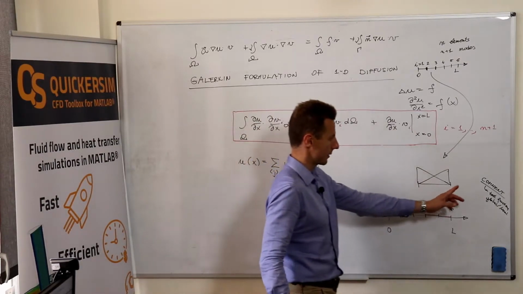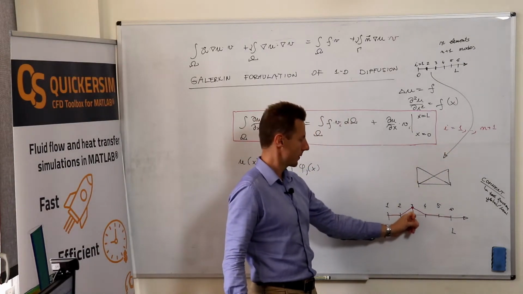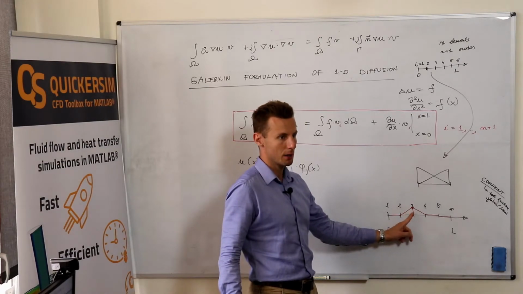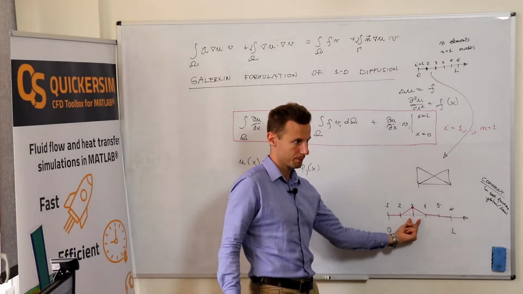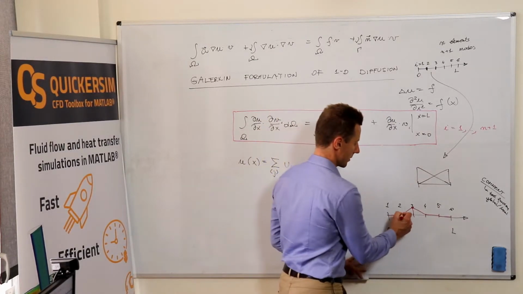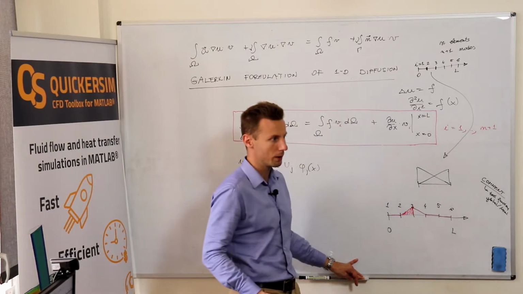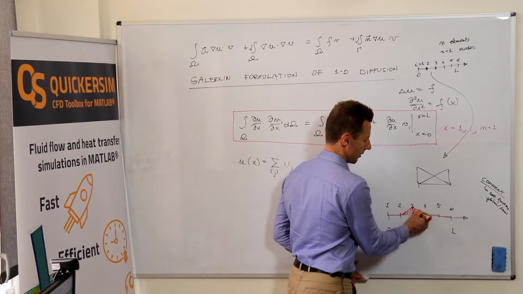So as said, the test function is 1 at a certain node, so it gives non-zero value at both adjacent finite elements. Okay, so it's definitely one part of that particular global shape function or test function, and the other one.